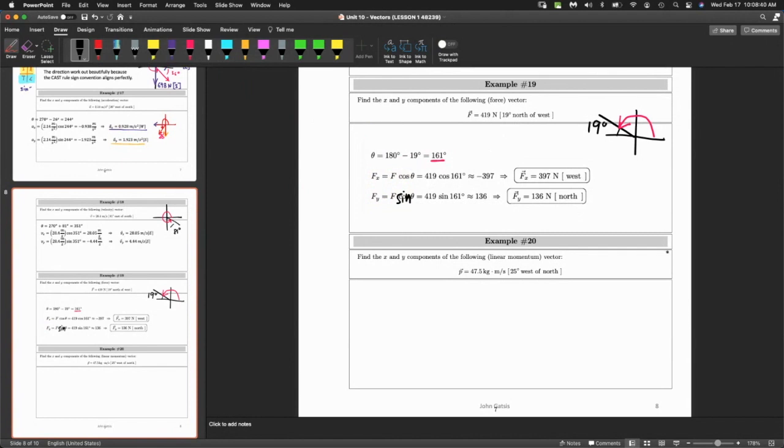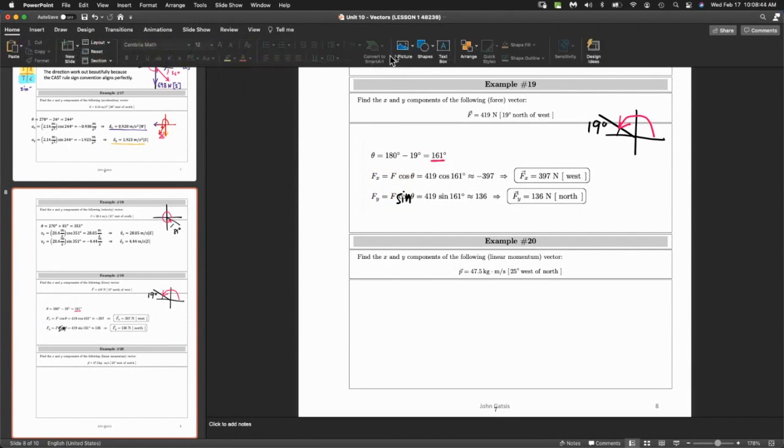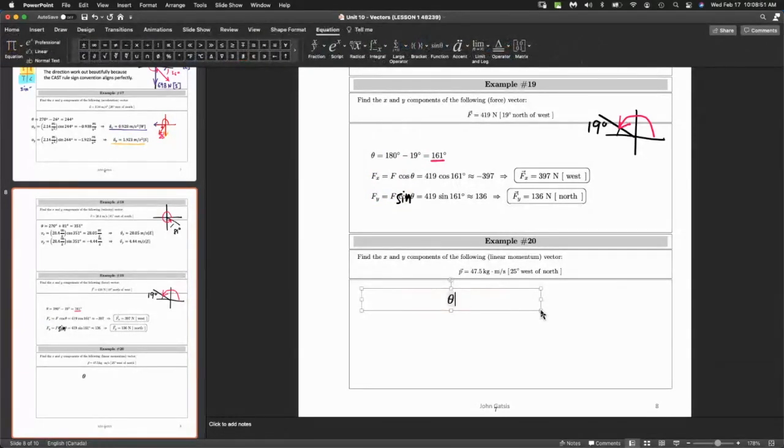So question 20, I'm just going to type out the answers for this one because I think it's better if I go a little slower. The angle in standard position for 20 is west of north, so that's 90 plus 25.